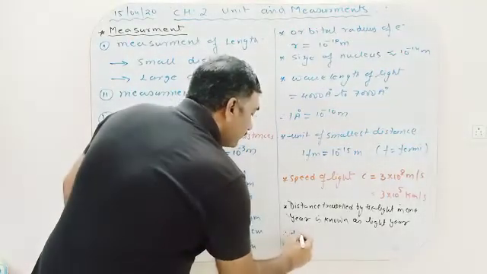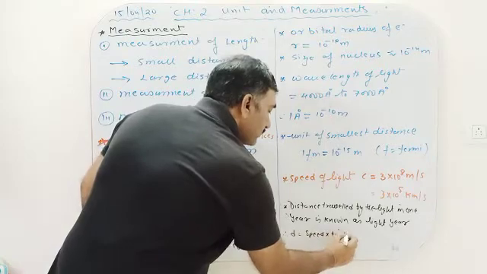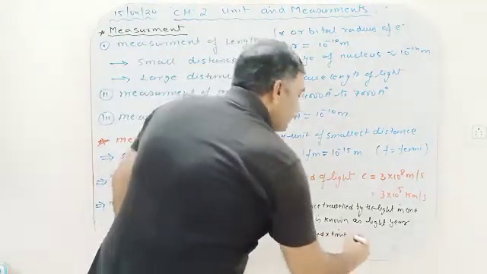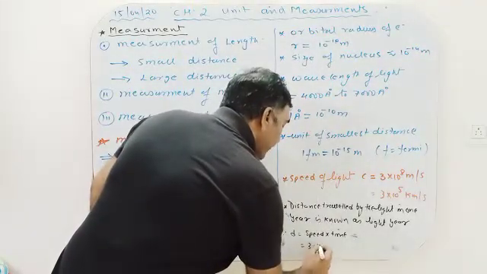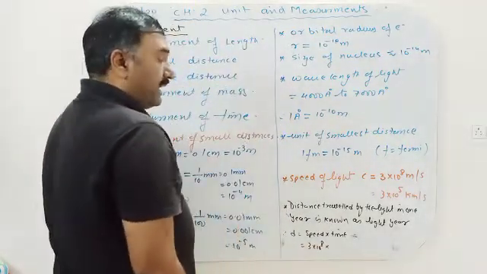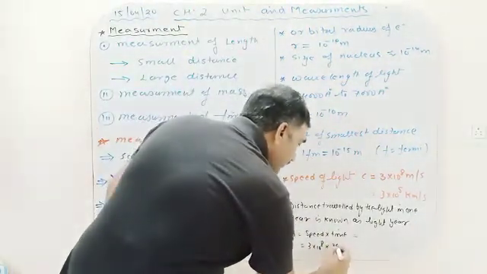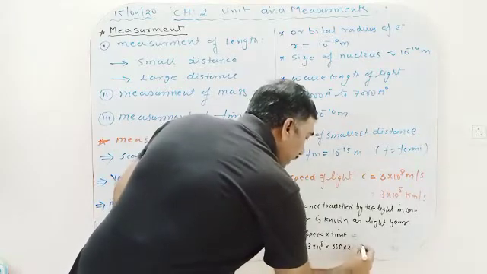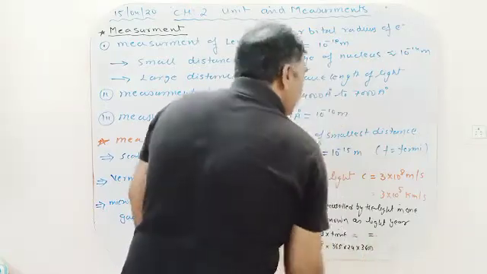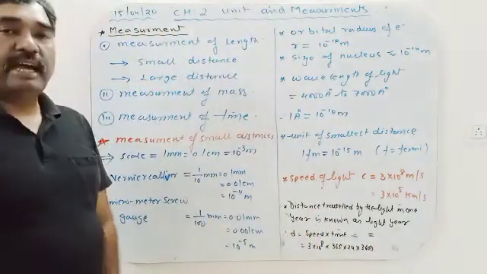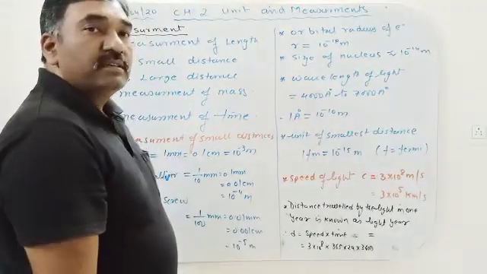The formula for distance is speed multiplied by time. The speed of light is 3 into 10 raised to power 8 multiplied by the time in 1 year: 365 days multiplied by 24 hours multiplied by 3600. When you simplify this, we get a result of 9.46 into 10 raised to power 15 meter.